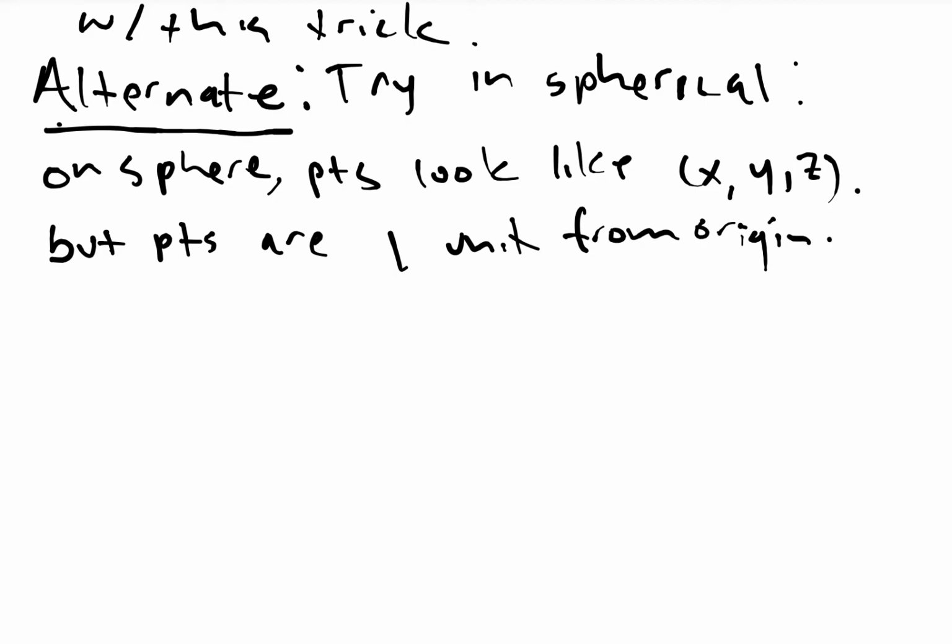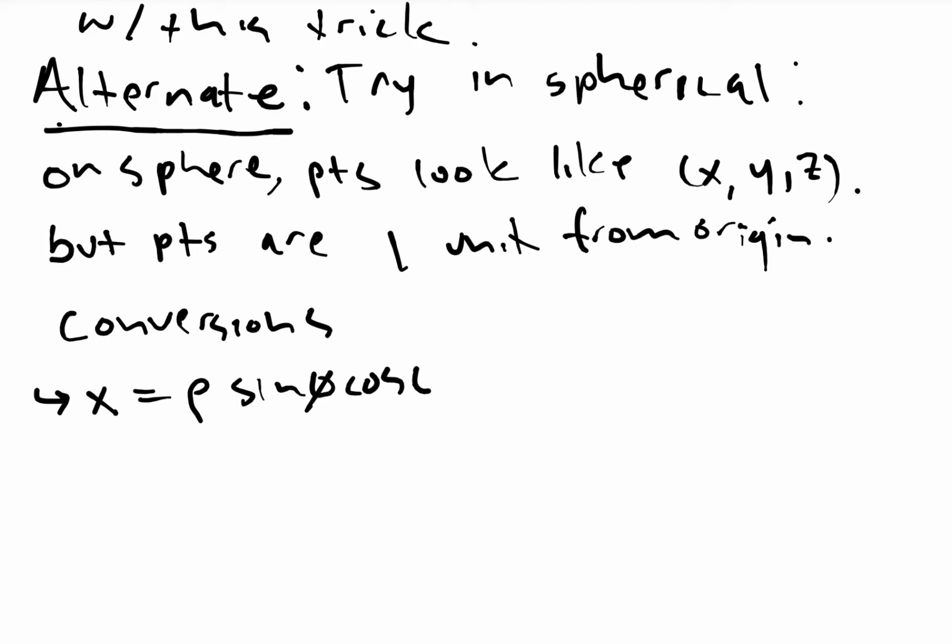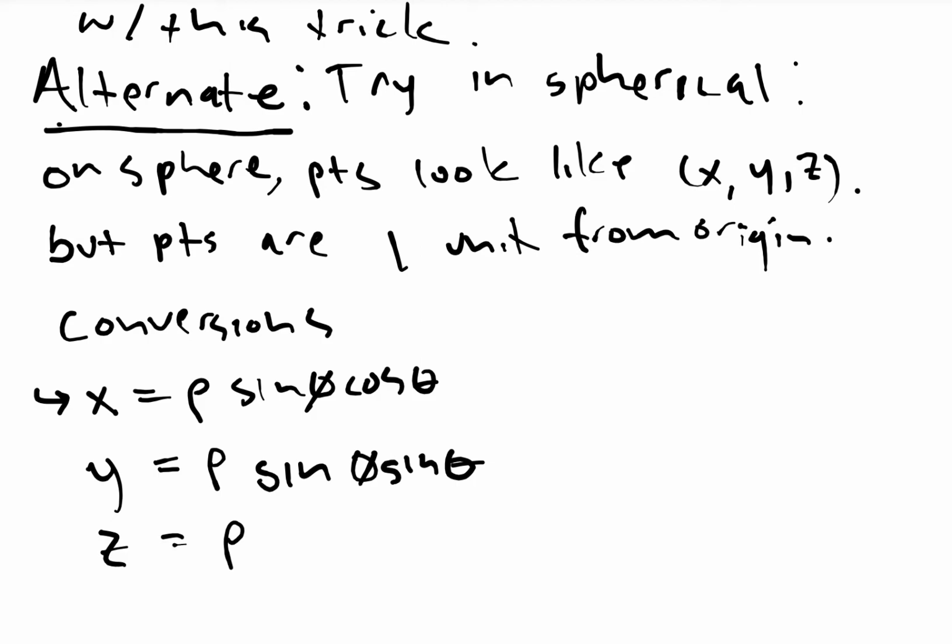Now, a refresher on my conversions for spherical: we have said before that x is going to look like rho sine phi cosine theta. If you want to convert y, this is going to look like rho sine phi sine theta. If you want to convert z, this is going to look like rho cosine of phi. Now, you'll notice that there are 3 variables in this.